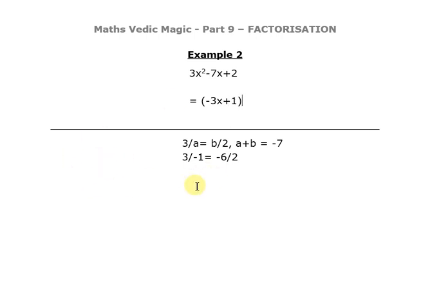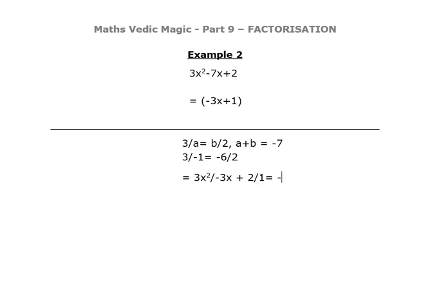So 3x square divided by the first term of the factor, plus the last term of the equation divided by the second term of the factor, in turn gives us minus x plus 2.